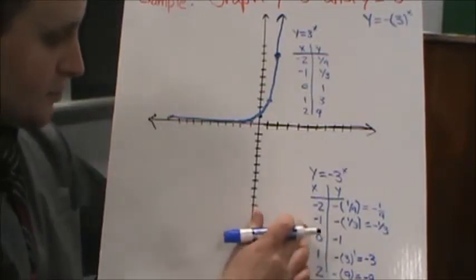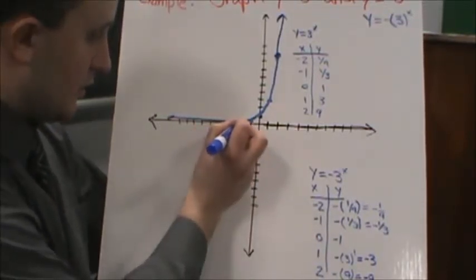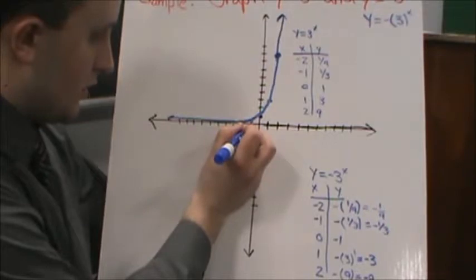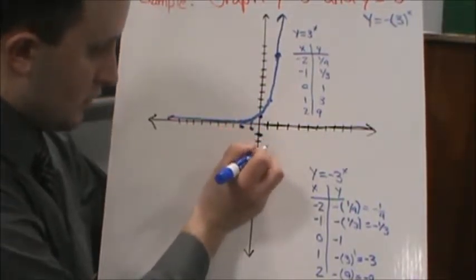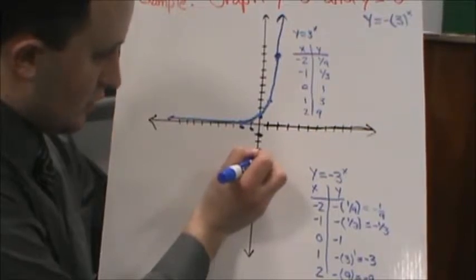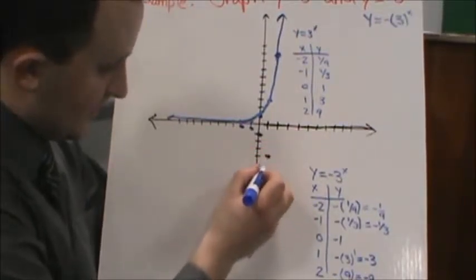So now if we were to graph these points, negative 2, negative 1/9, negative 1, negative 1/3, 0, negative 1, 1, negative 3, and 2, negative 9.